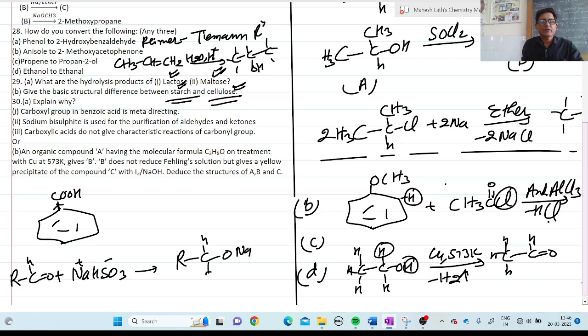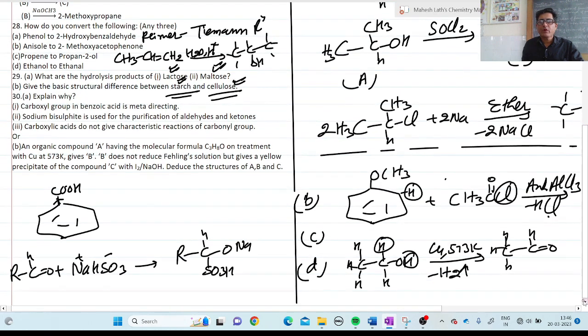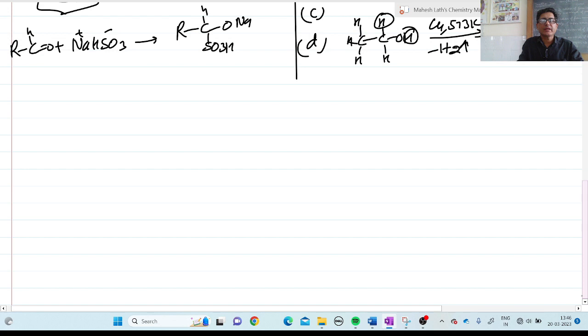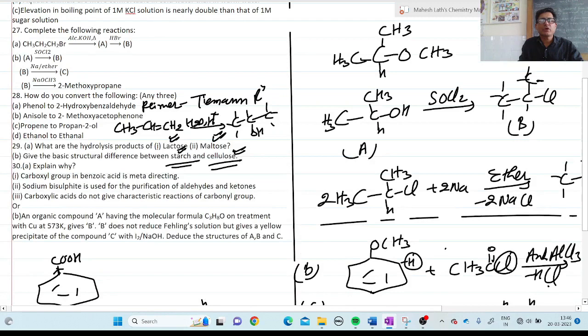It forms the sodium salt of the bisulfite adduct, RCHOH SO3 negative Na plus. So due to formation of salt, these can be purified.